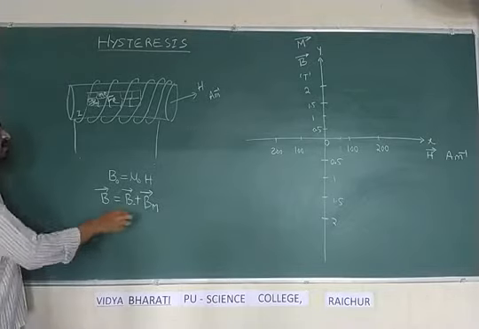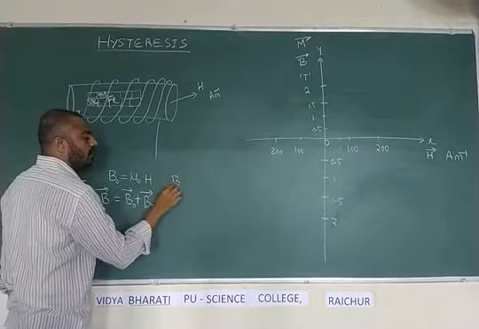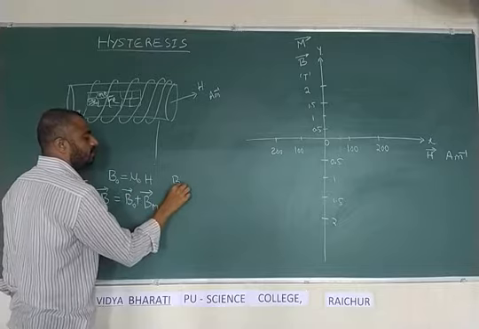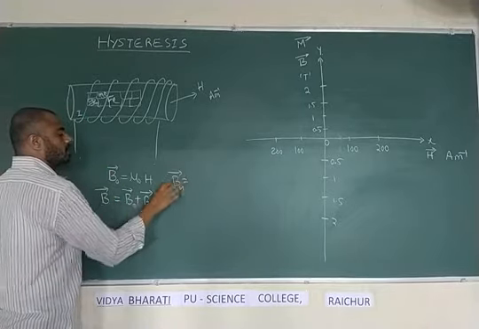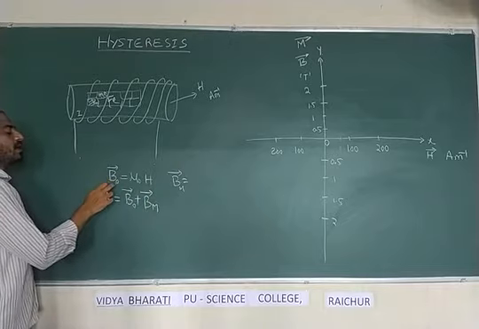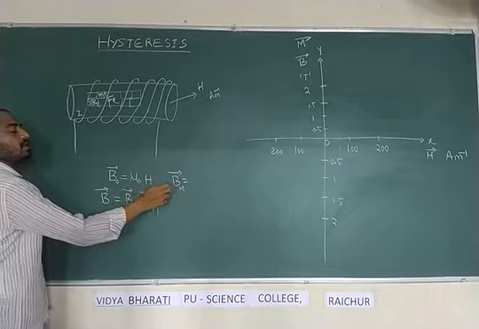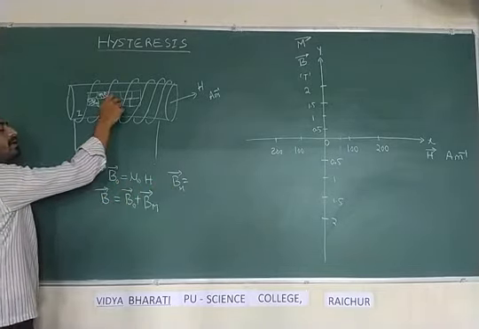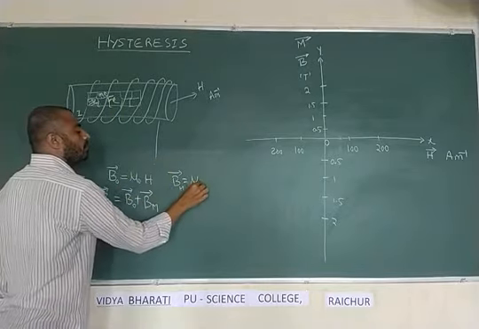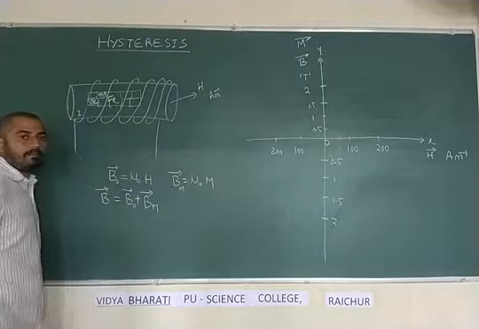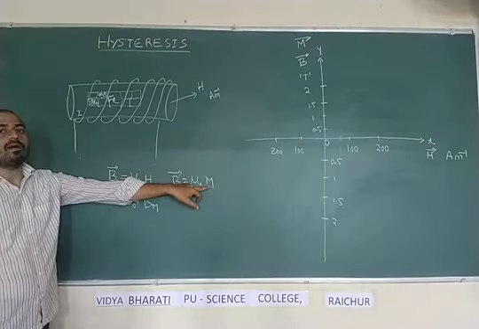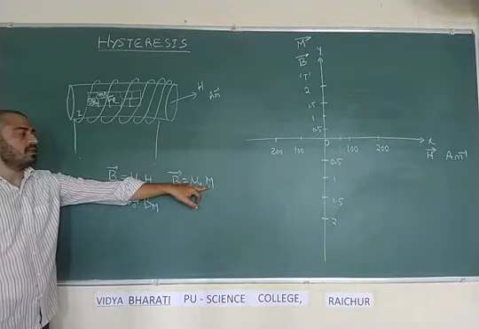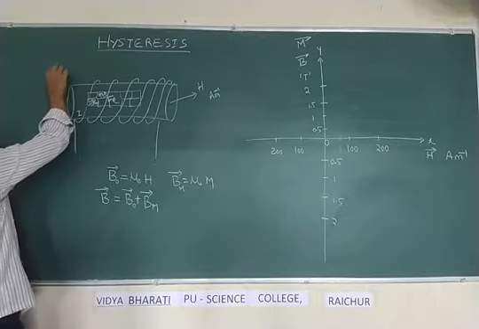See how I have taken these two fields. This already we have discussed. Again, I am making you remember this. This is the field inside the solenoid, mu naught H. This is the field inside the material, that is mu naught M, where this M is the intensity of magnetization. Intensity of magnetization, how is that defined?